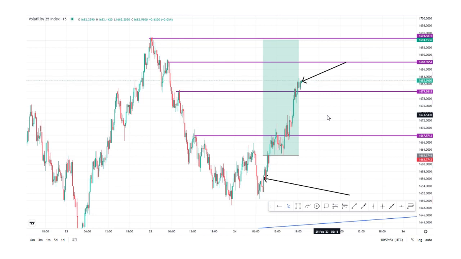Okay, and the hardest thing for me is to manage the trade, to know where to set your stop loss, to lock in profit, to take partial profit, to take some decisions. The hardest decisions to take when you are trading is when the price is live, when the trade is running, when you are in losses or when you are in profit.